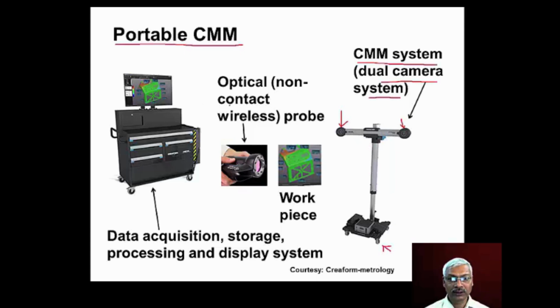And then we have an optical probe. This is a non-contact type, wireless probe. This probe we have to move around the workpiece. The CMM system, the dual camera system, will be monitoring the workpiece as well as the probe. Probe movement as well as the workpiece will be continuously monitored by the dual camera system, and then it establishes dynamic referencing using the optical triangulation technique.